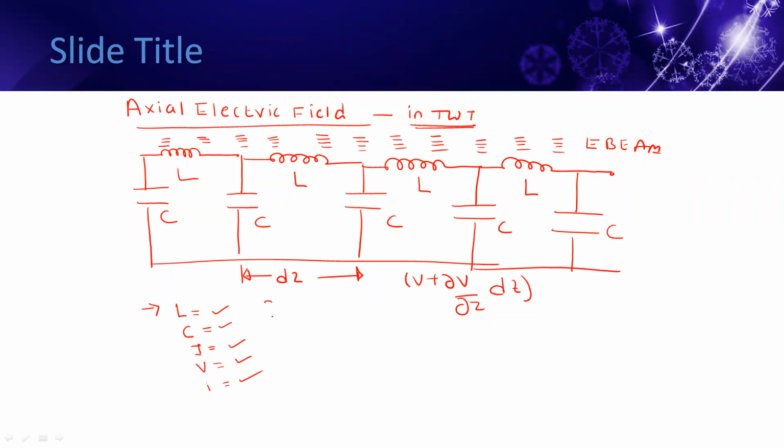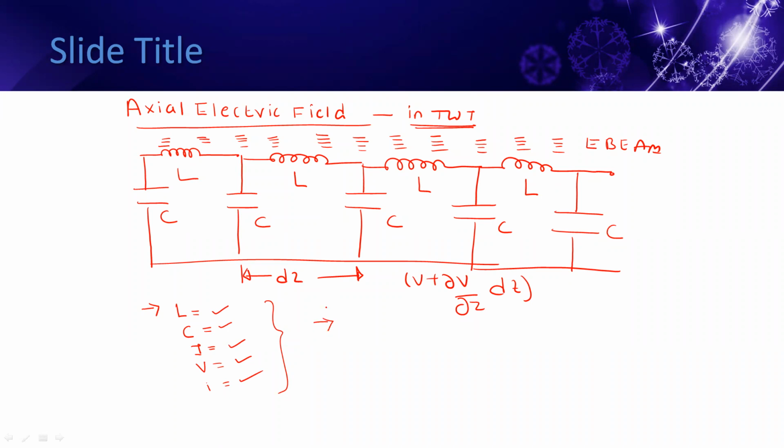As we know from past transmission line knowledge, since the transmission line is coupled to a convection electron beam current, automatically a current is induced in this line.